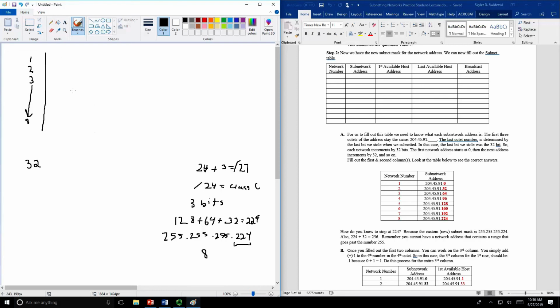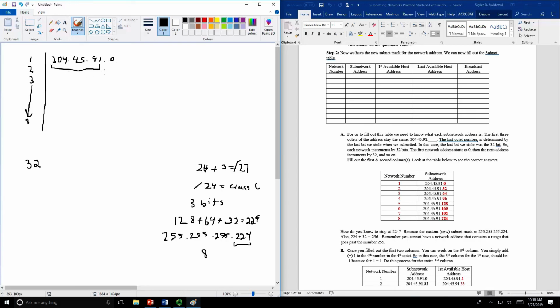So the first subnetwork address would be 204.45.91.0. Remember, we're not going to be messing with the first 3 quadrants here, because all the bits were turned on, and we were only modifying the last quadrant.